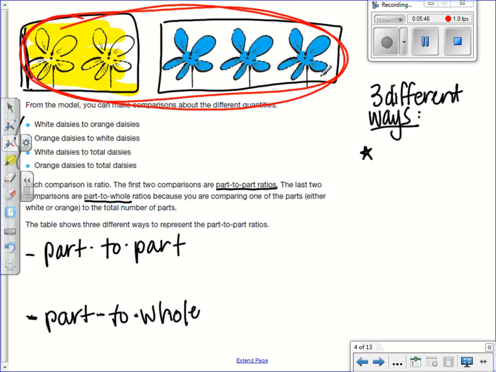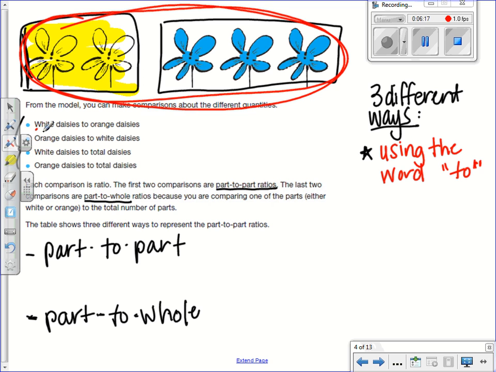Now the 3 different ways include using the word to, okay? So you could say, if we're talking about the part-to-part ratio, we would say for this one, we have white daisies to orange daisies.